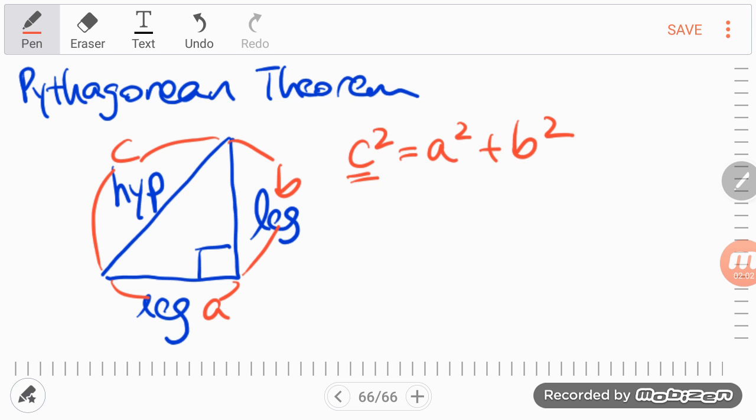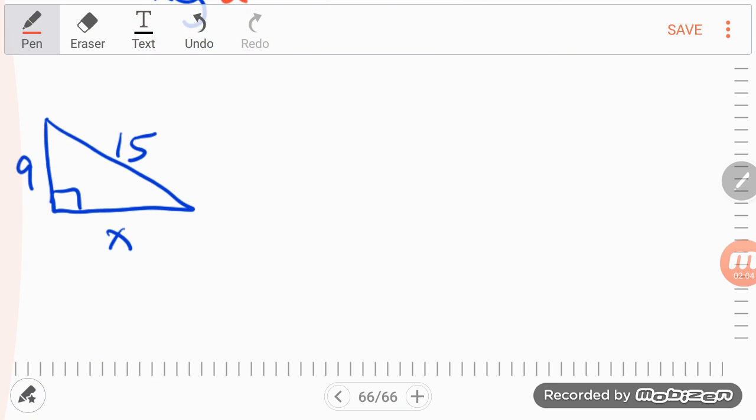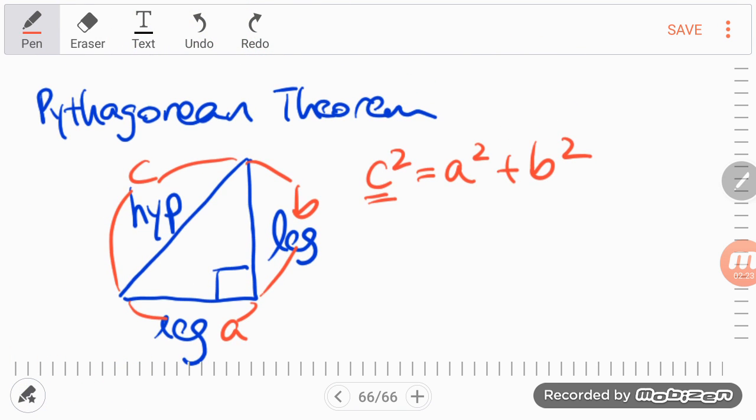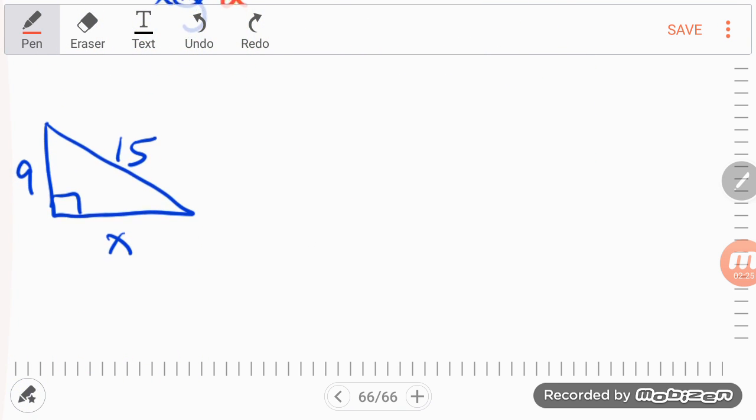Let's look at an example. Here I have a right triangle where one of my legs is 9, and another leg is x, which is something we have to find. They told us that the hypotenuse is 15. So let's apply the Pythagorean theorem.